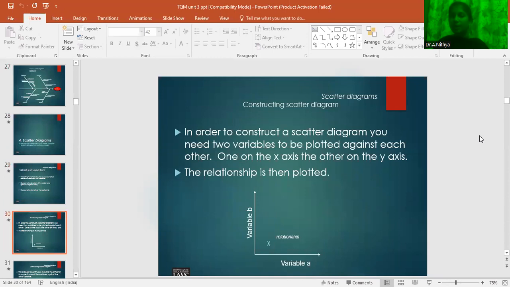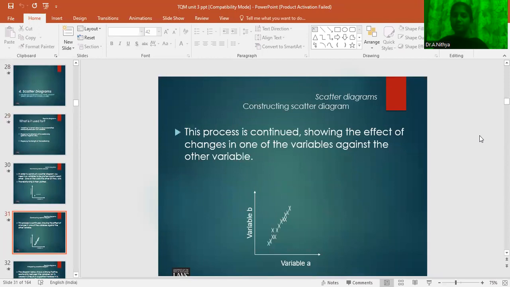Here we can see how this is plotted. The relationship between variable A and B is plotted. This process is continued, showing the effect of changes in one variable against the other variable.